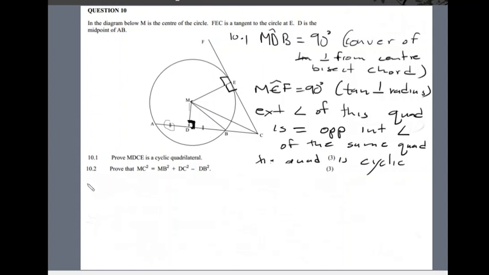So in triangle MDB, MP squared is equal to MD squared plus DB squared. Reason: it's Pythagoras.